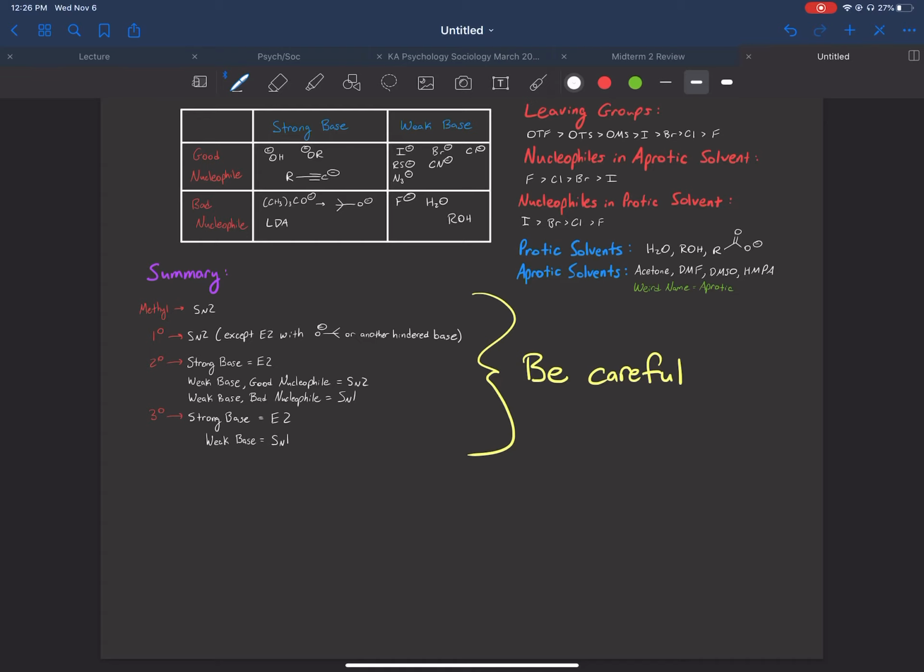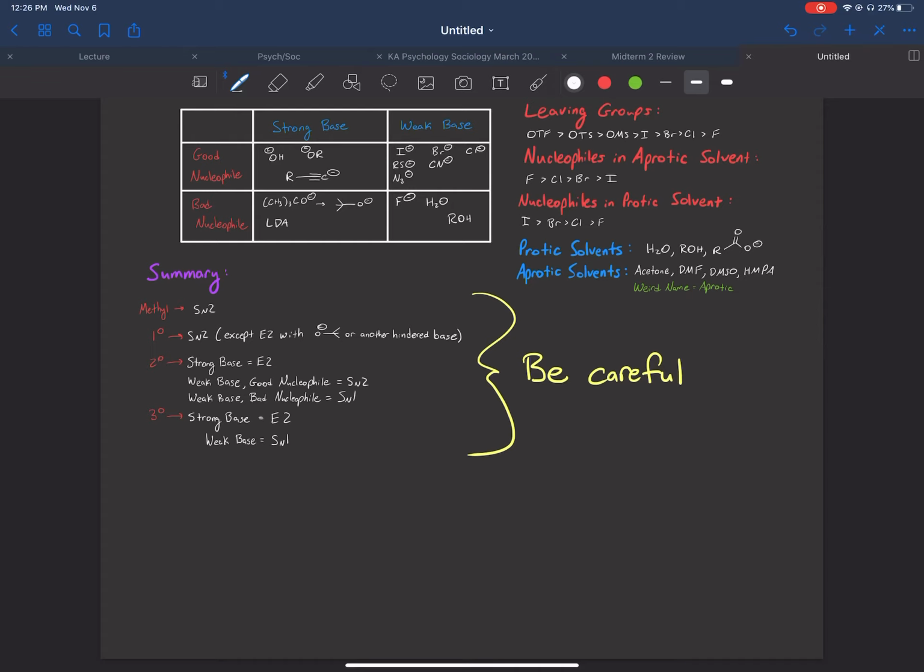A lot of the time they're going to give you info that makes something super tempting, but using that chart is going to mess you up. So they'll say compound A is very slow with an SN2, but they could also give you another hint that it's also a primary leaving group.